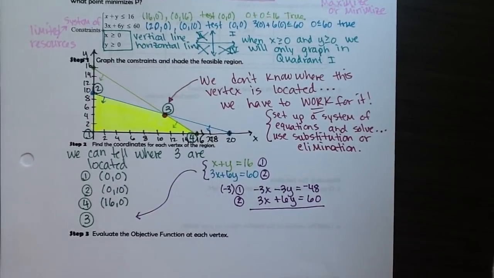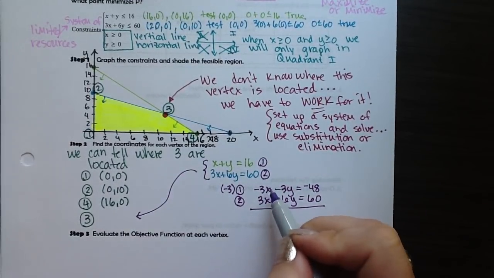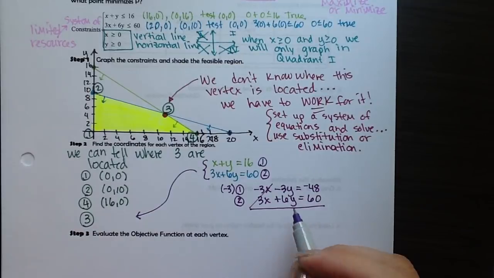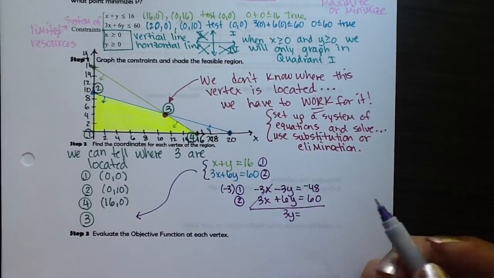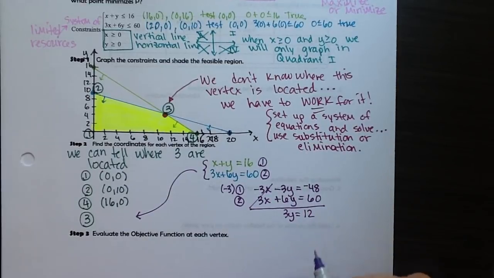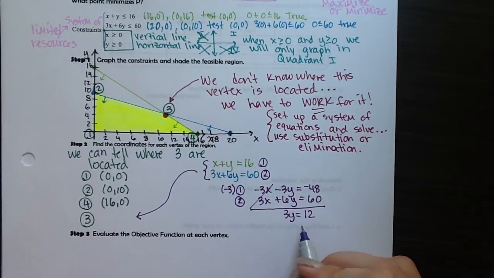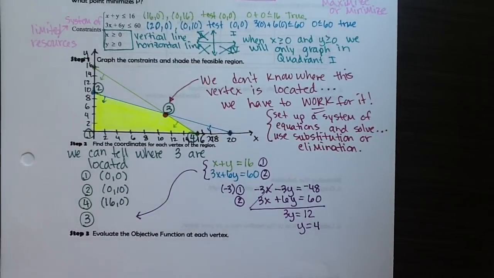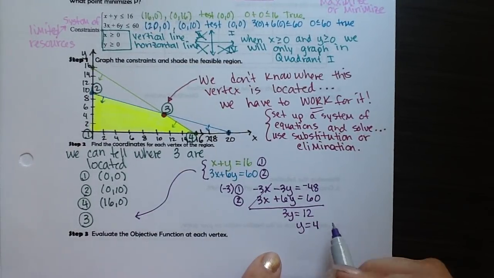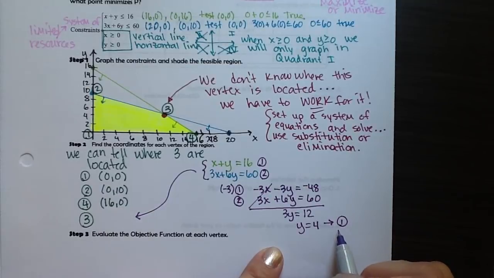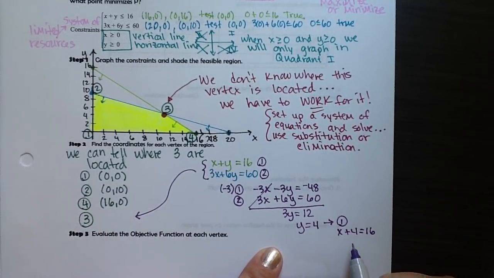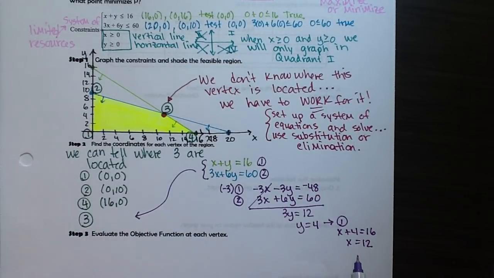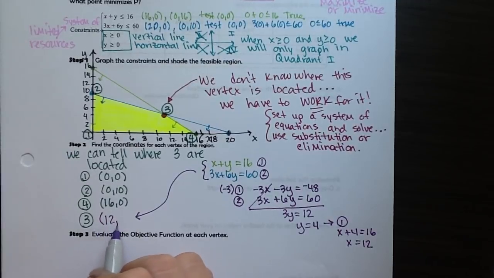When I add those together, -3x and 3x cancel, and I get -3y plus 6y is 3y, -48 plus 60 is 12, divide both sides by 3, I get y equals 4. Then I'm going to sub that into equation 1, so x plus 4 equals 16, gives me x equals 12, so my ordered pair will be (12, 4).